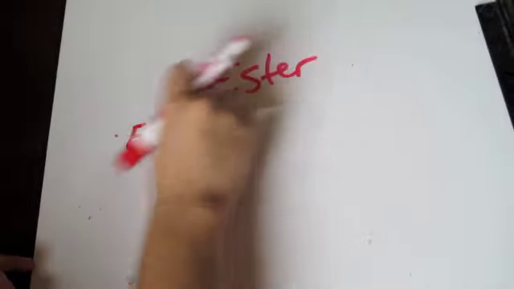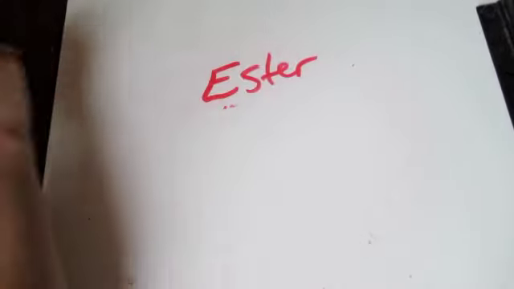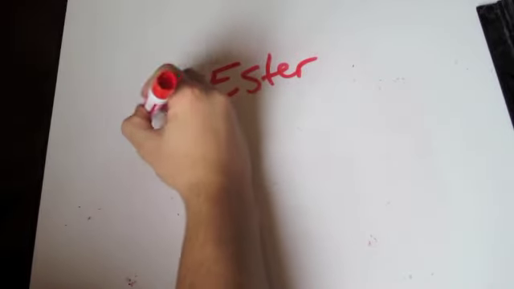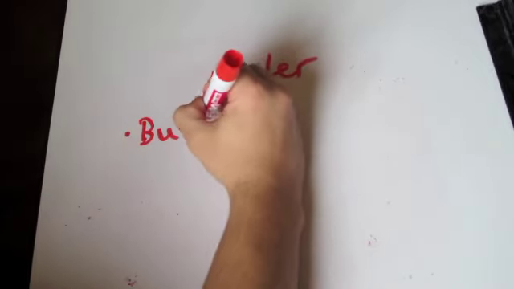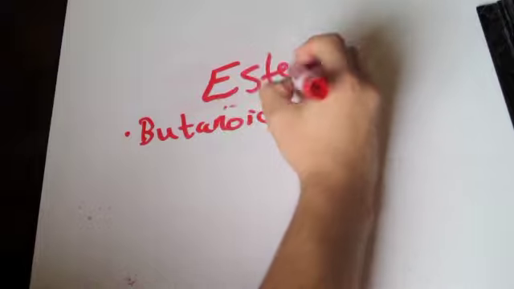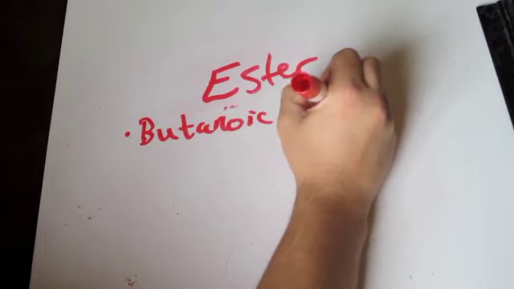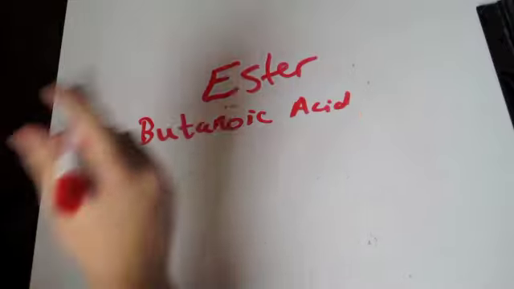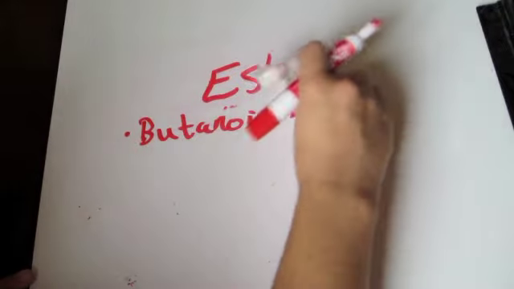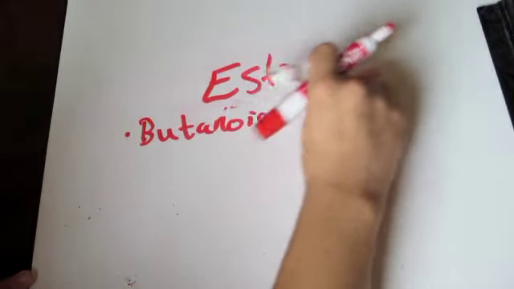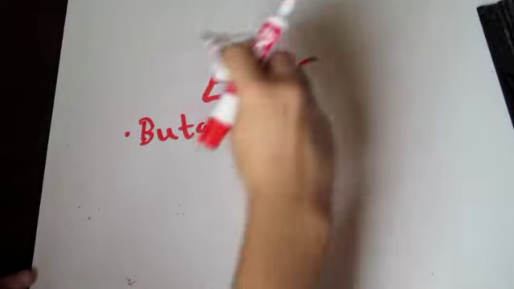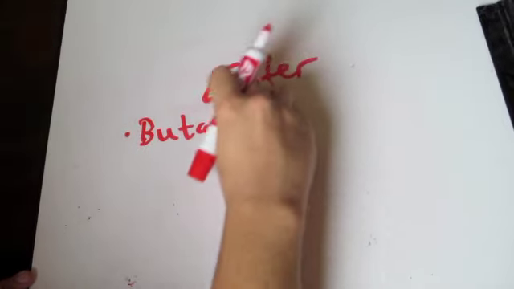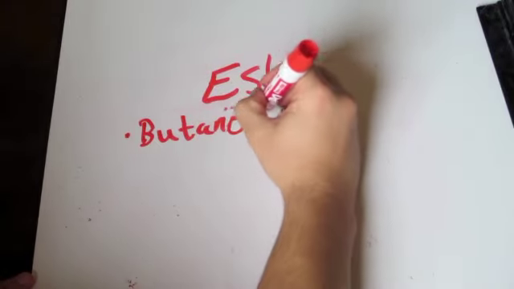Now, if you remember, the second component of our ester was butanoic acid. We eliminate the acid part, because of course we are making an ester, and we also eliminate the -oic ending. And we add an -oate ending.